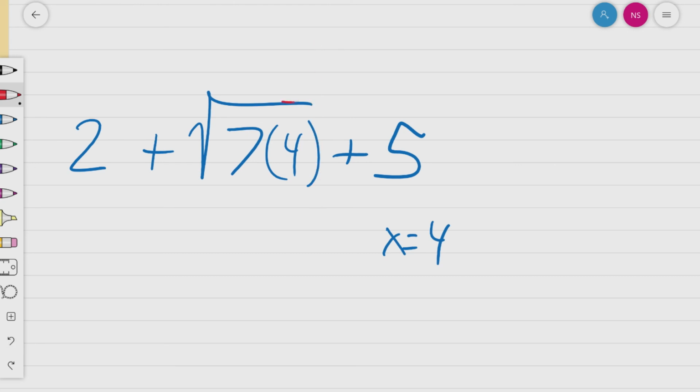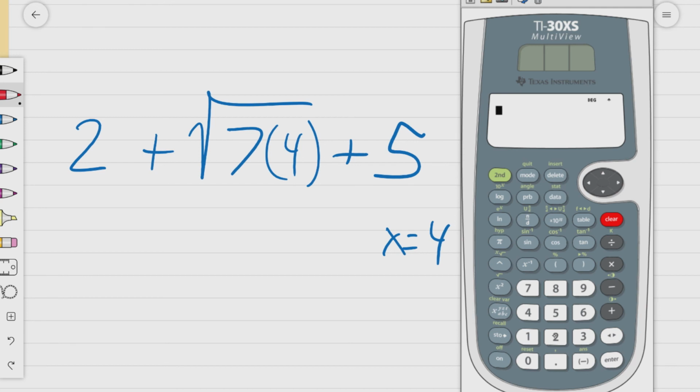Don't let the square root continue in your calculator. So you gotta make sure you do that by doing this trick right here. Square root of 7, 4. And then click on the side to end the square root. If you do not, it will continue. See?